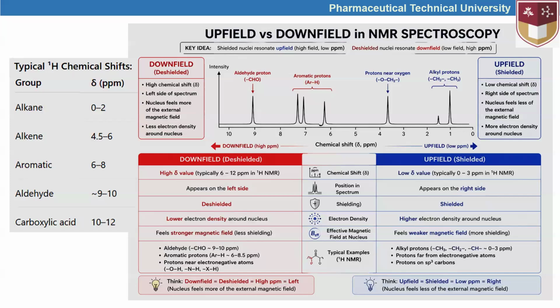to its nucleus. Okay, it means, for example, in CH2 or CH3, the electron density of the hydrogen is higher compared to the electron density of hydrogen in aromatic compounds. Why? I will try to explain. Okay, the difference between electronegativity levels of carbon and hydrogen is the same in alkyl protons or in aromatic compounds.